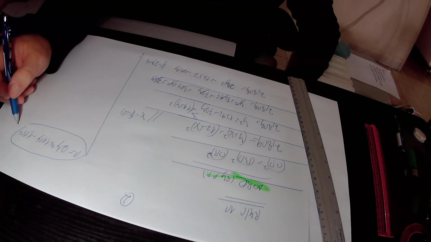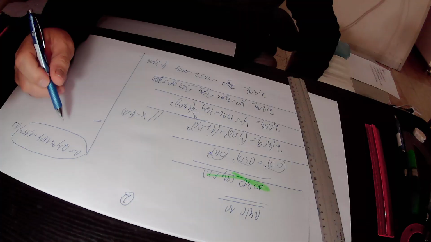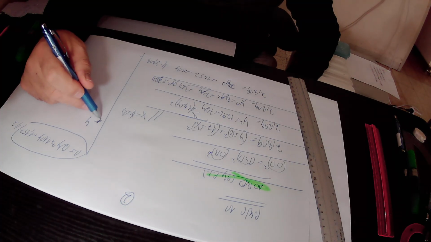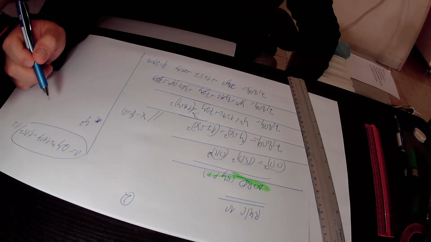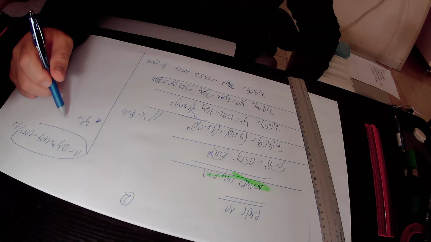Here we divide this equation by 2, and finally get that 2y squared over 2 is y squared. 110y over 2 is 55y.